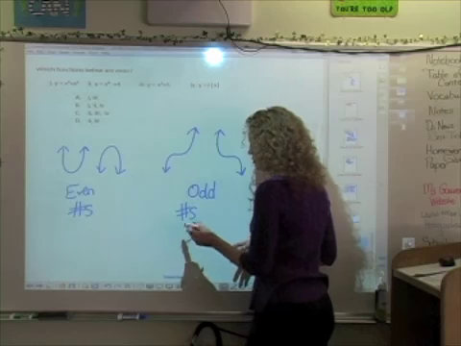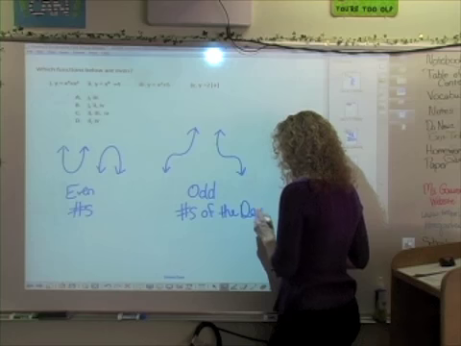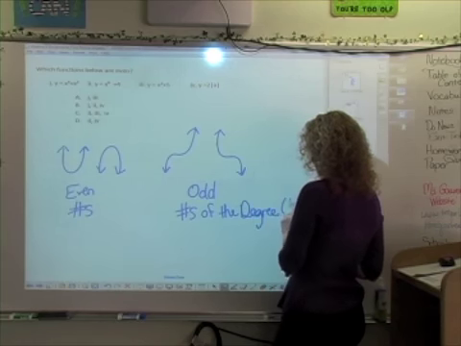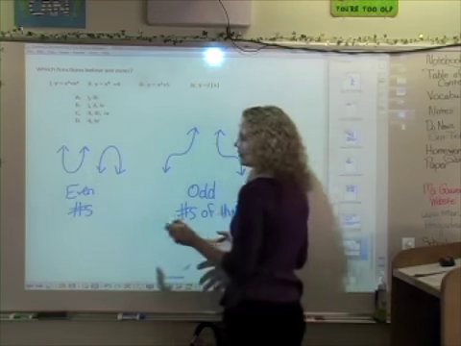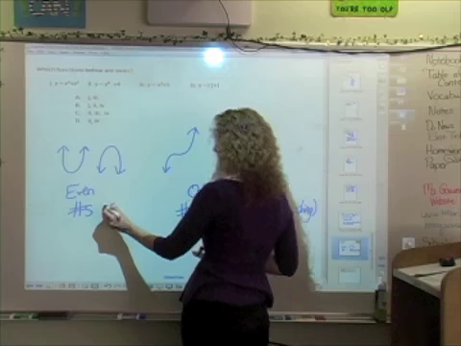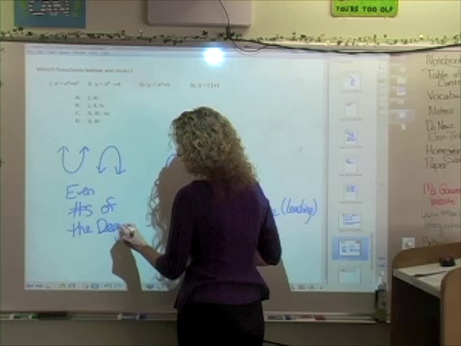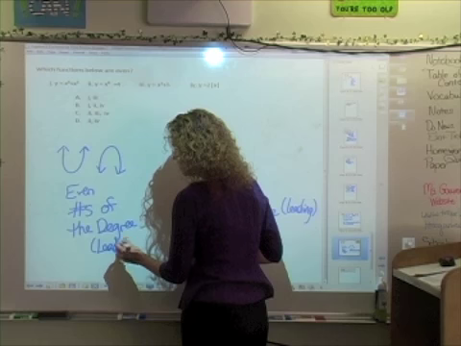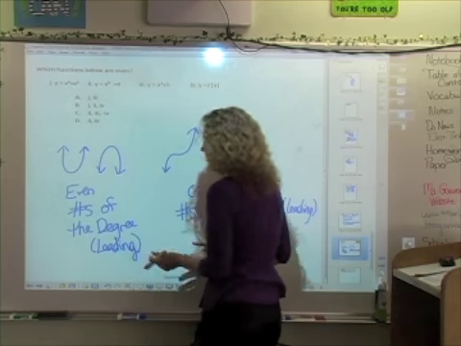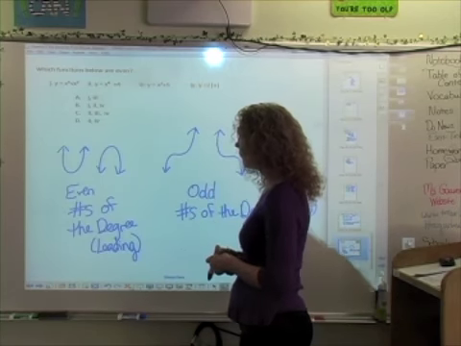So we're looking at the degree, and this is, of course, your leading degree. So if your leading degree is an even number, then it's an even function. If it's an odd number, it's an odd function. It's that simple. But you've got to make sure it's the highest degree.